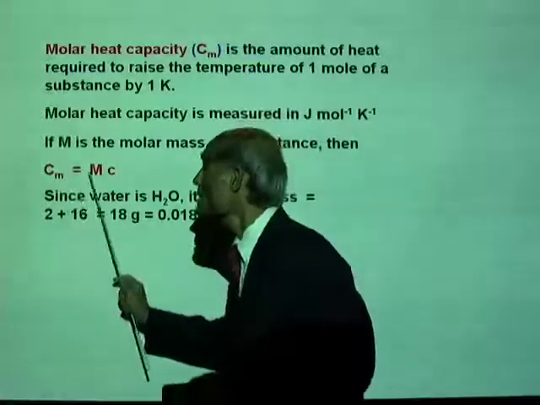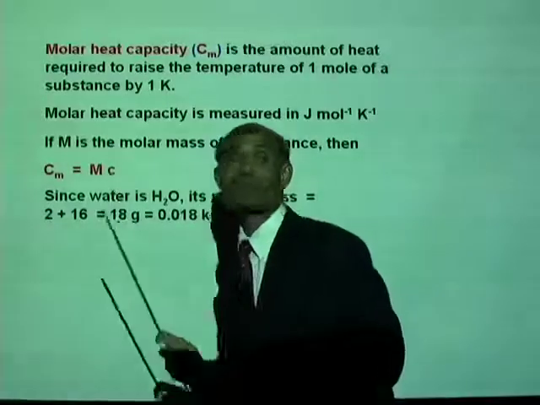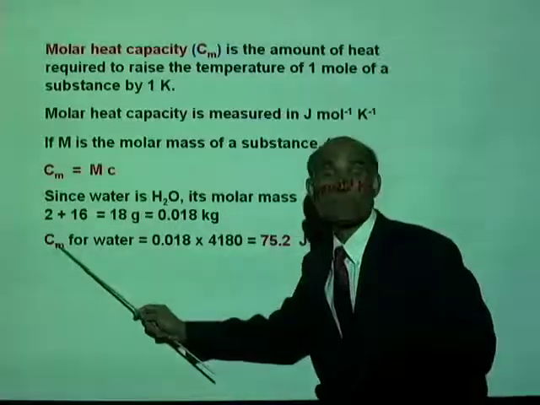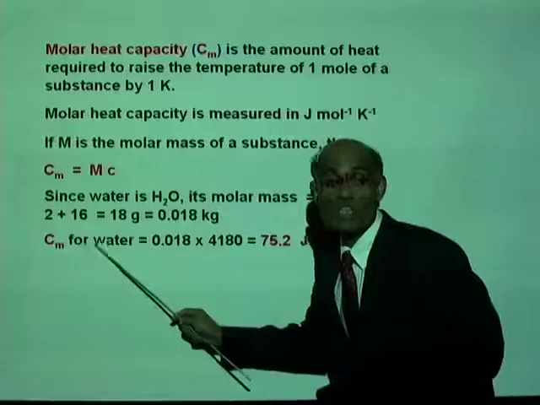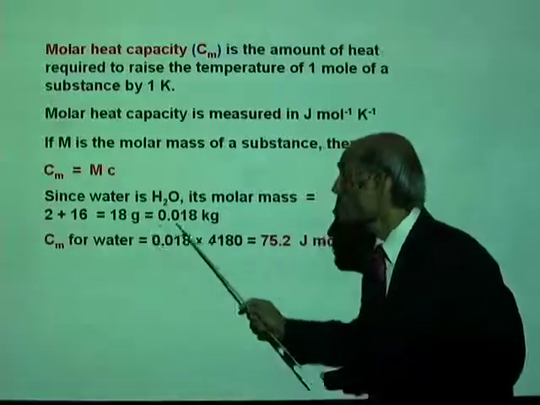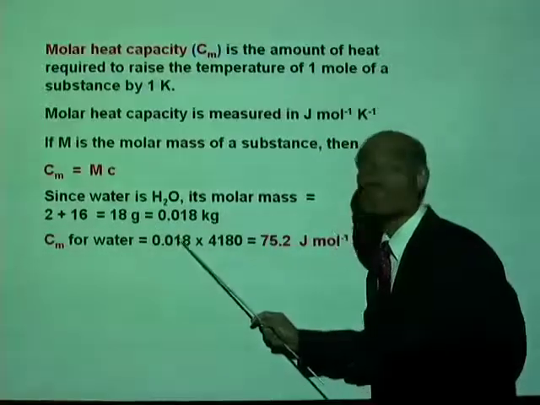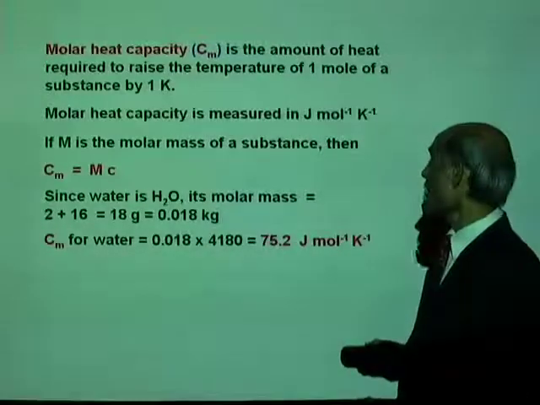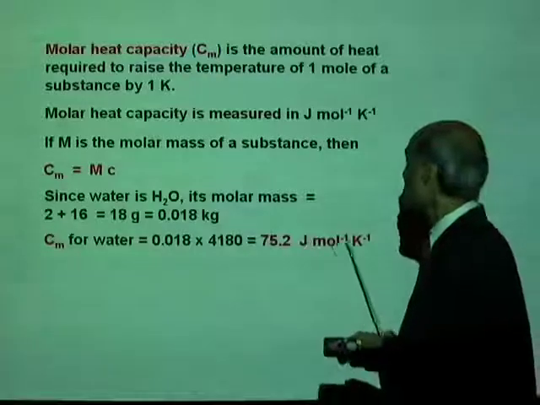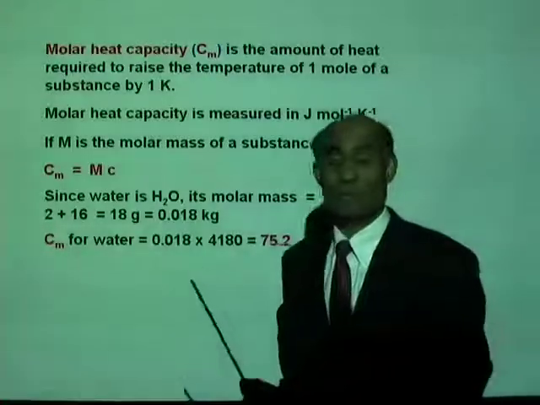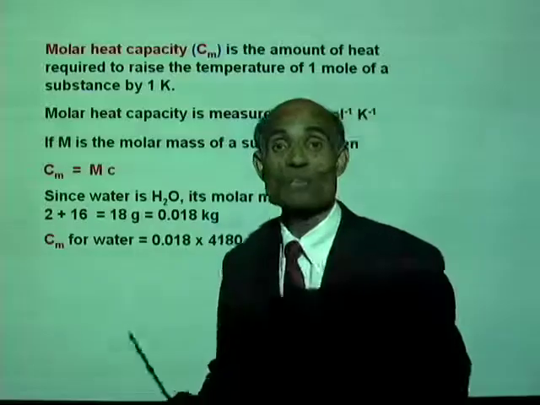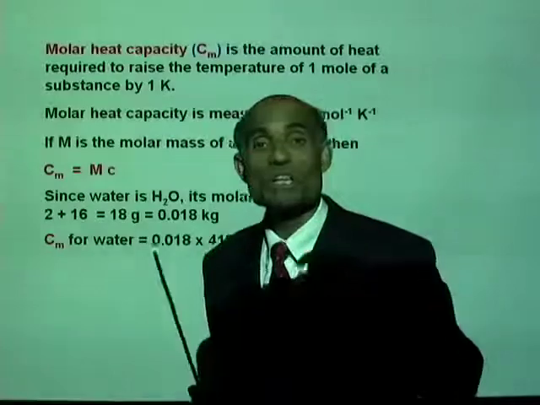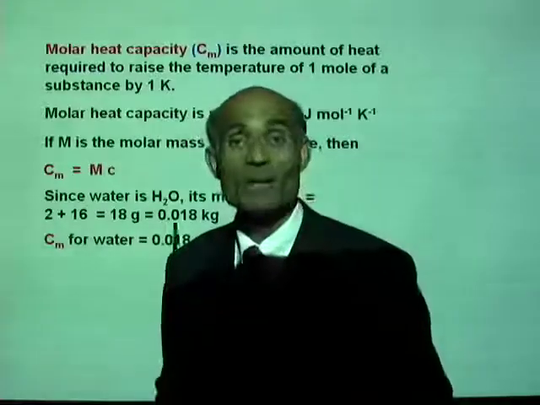Molar heat capacity is molar mass multiplied by specific heat. Therefore, molar heat capacity for water is its molar mass 0.018 kilogram times its specific heat, that is 75.2 joules per mole per Kelvin. 1 mole of water requires 75.2 joules of heat energy to increase its temperature by 1 Kelvin.